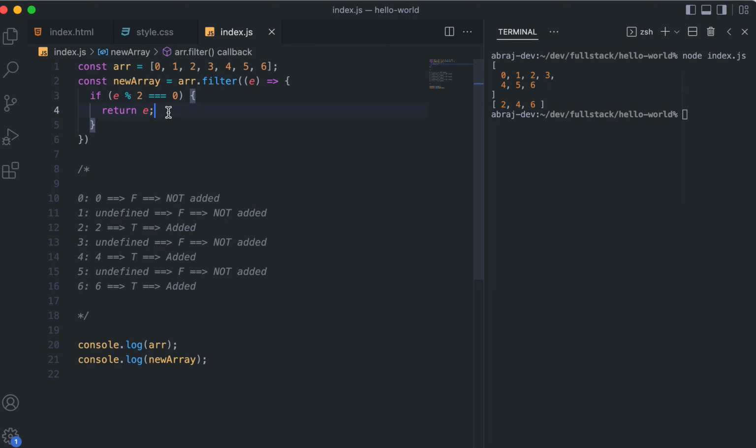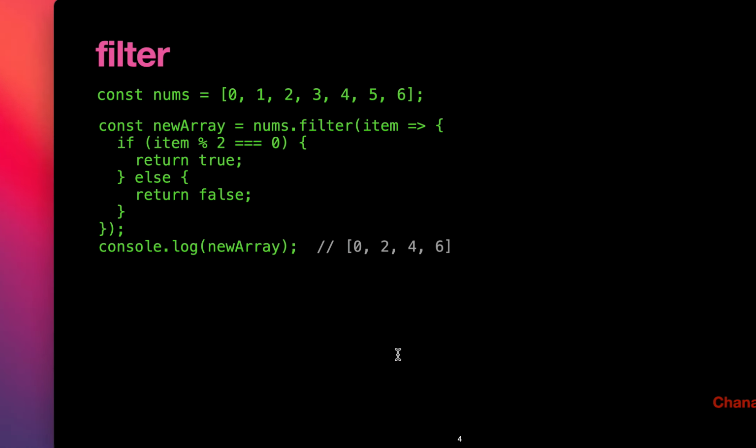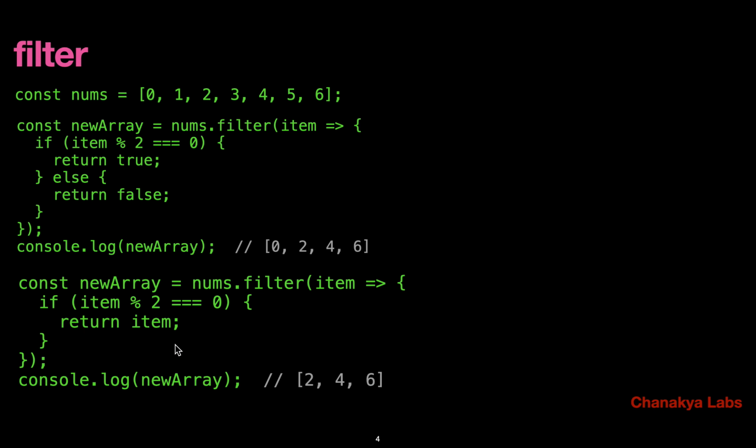Filter simply sees whether it is truthy or falsy. 2 is truthy, and that's why it has added the original element in here. You have to be very careful with that. Okay, and that's what I was trying to say here, that 246 will be there because it will treat 0 as falsy.